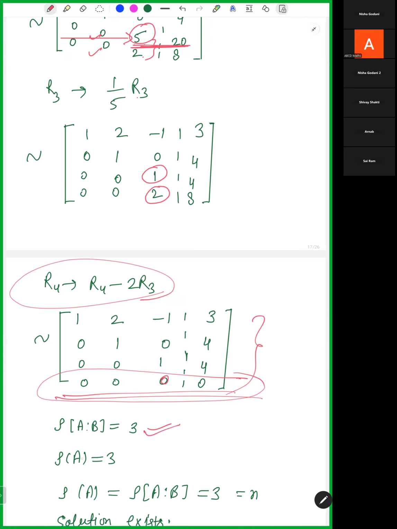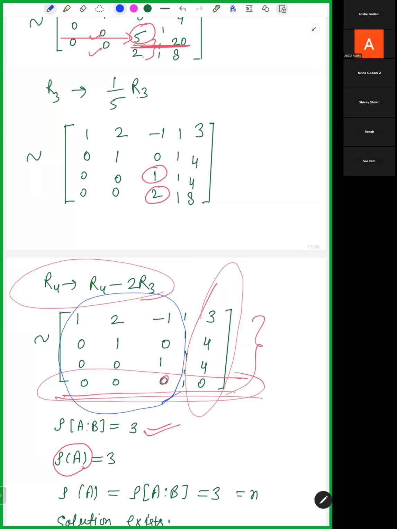You also have to find the rank of A. For A, you don't have to proceed further. You will find the rank of A from the same matrix. How? When you hide this last column, because it is the column of B, the column matrix. Hide this and find the rank of the remaining matrix, which is A of order 4 cross 3.